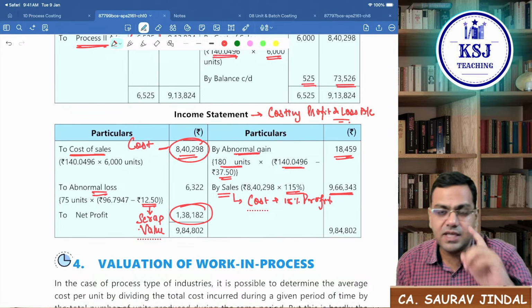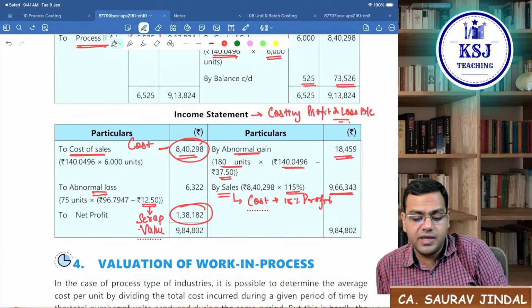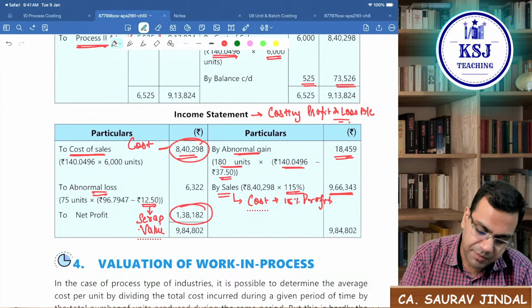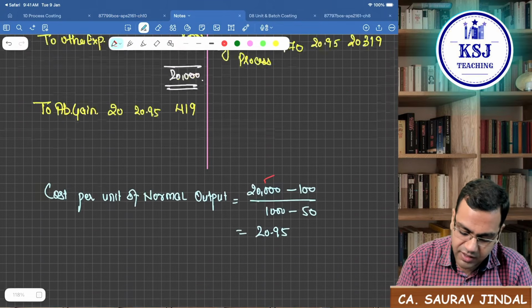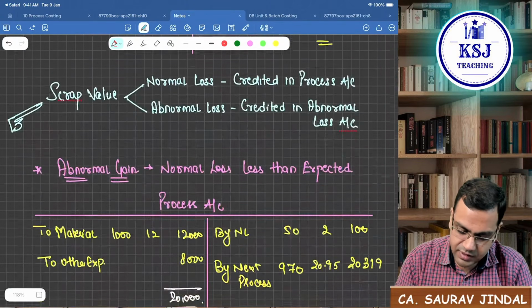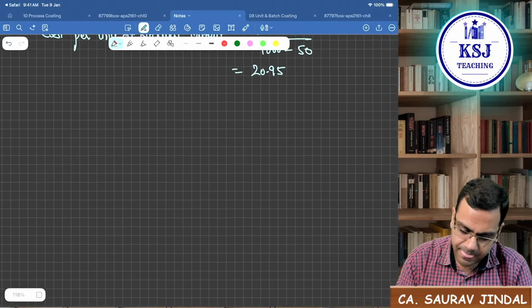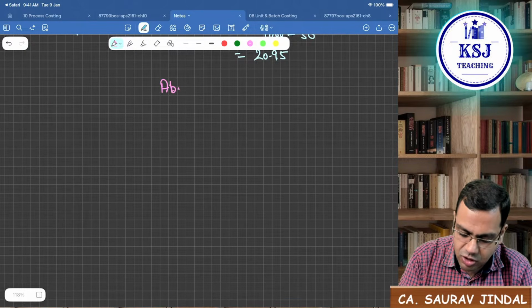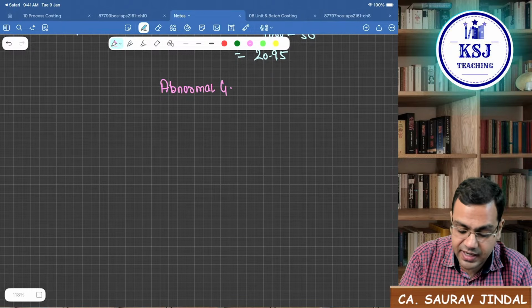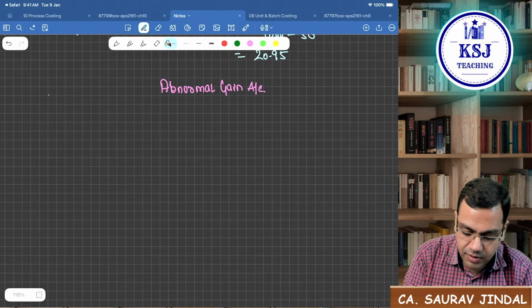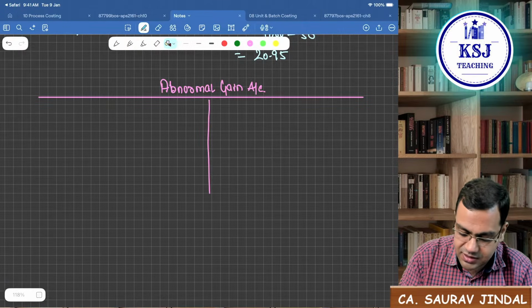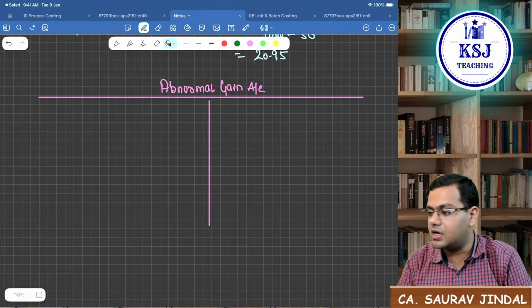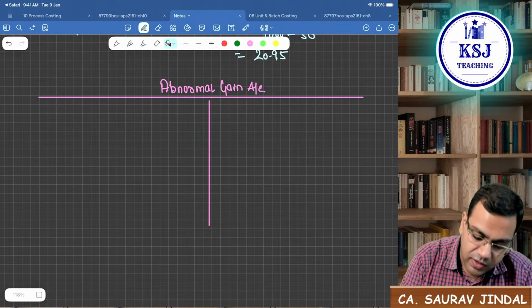Now, in this case, if you have to prepare an abnormal gain account, how will it look? Have I prepared it here? If you have to prepare an abnormal gain account in this case, because they can ask you abnormal loss and abnormal gain account. Loss account, I know you will be able to prepare, but sometimes there is confusion with regard to the gain account, right? So what will you write here?